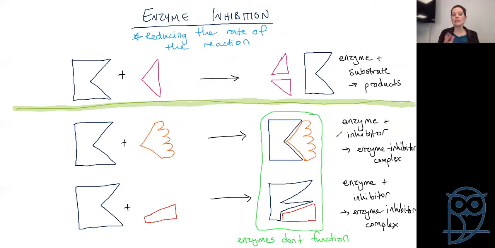So competitive inhibition, in order for the inhibitor and the substrate to compete, the thing that's got to happen is that they've got to be created equal. If they are not the same in terms of how they're interacting with the enzyme, then they're not going to be able to compete. Okay, so competitive inhibitor must be the similar shape to the substrate so that it is complementary to the active site, and you must have those temporary bonds so that the inhibition is reversible.